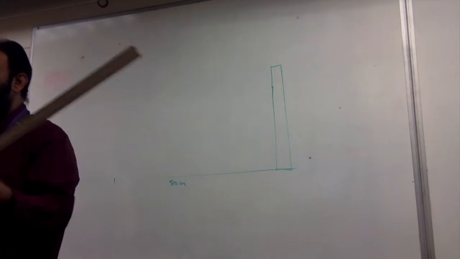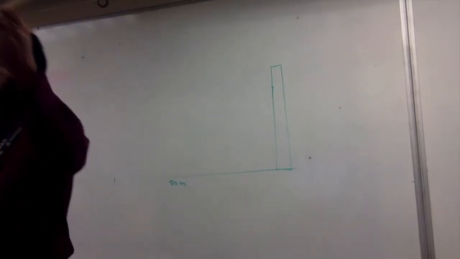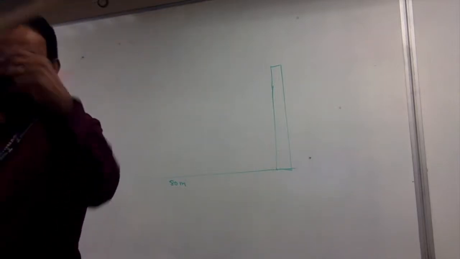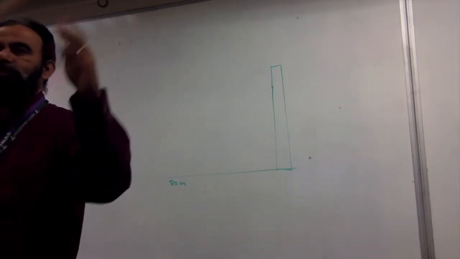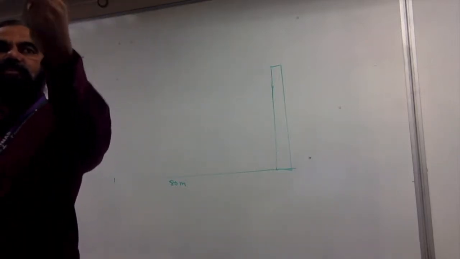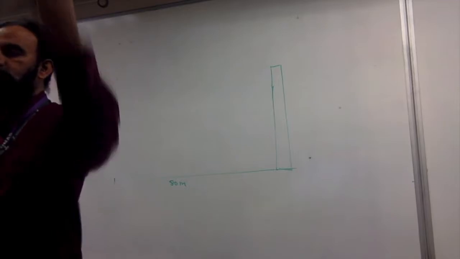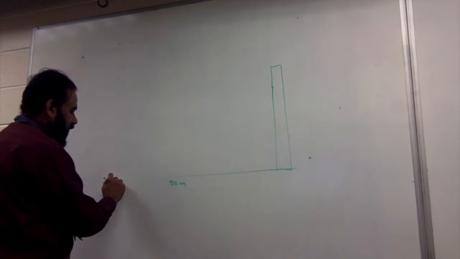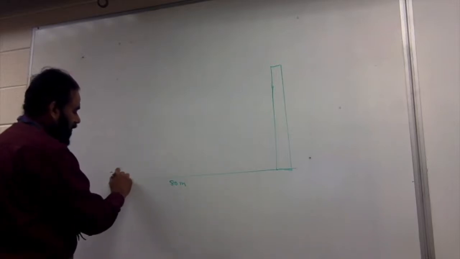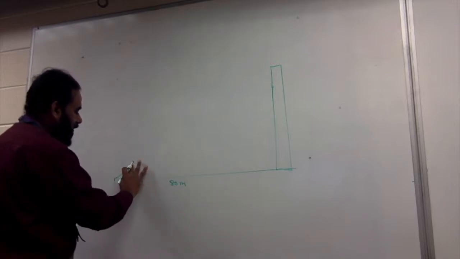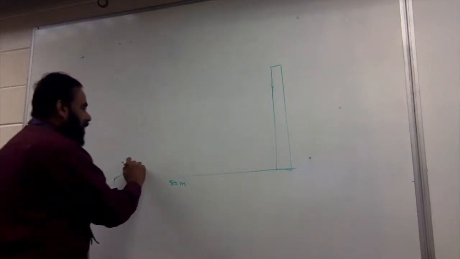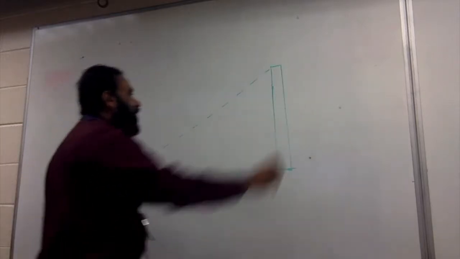Maybe you can use the help of two trees or two plants and keep it on the plant. Try to orient it, or just use two supports. Do whatever you want, but I need this thing to be oriented perfectly to the top of the building. You can do it from the bottom or from the top. So once it is oriented, the meter stick is oriented like that, aiming to the top of the building.